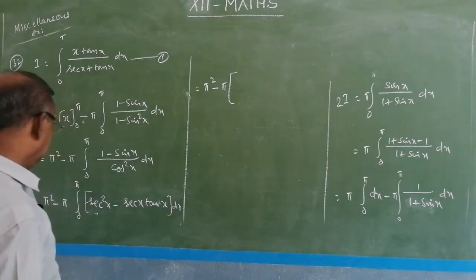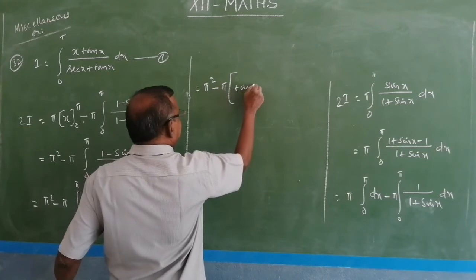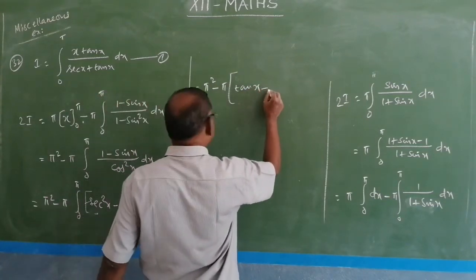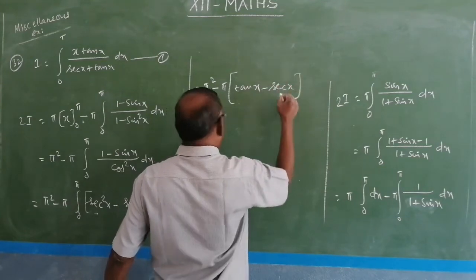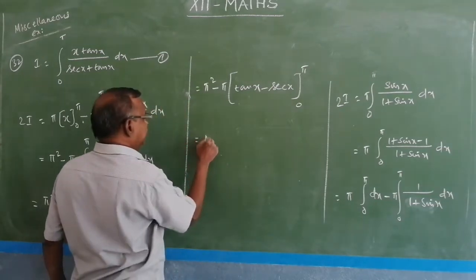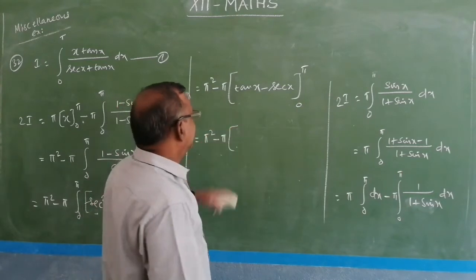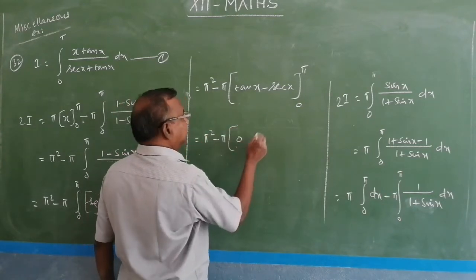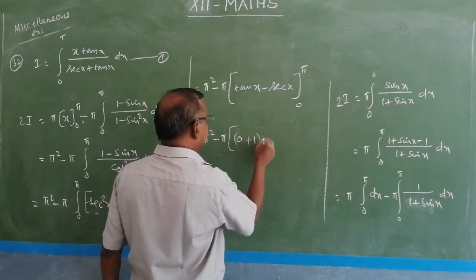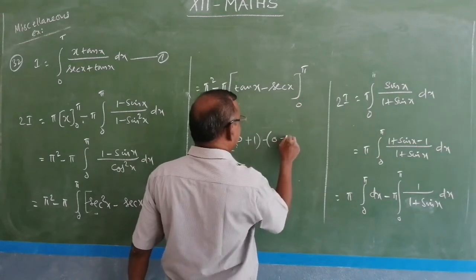Now integrate: secant square x gives tan x, and secant x tan x gives secant x. So pi square minus pi times tan x minus secant x from 0 to pi. Tan pi is 0 and secant pi is minus 1, so minus of minus 1 is plus 1 for the upper limit, minus tan 0 which is 0, and secant 0 which is 1, so minus 1.